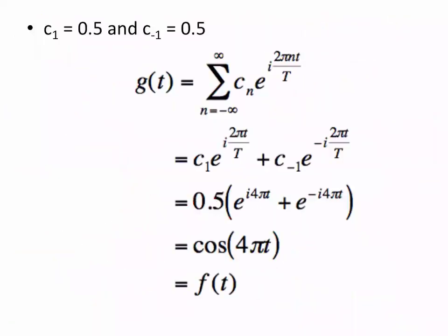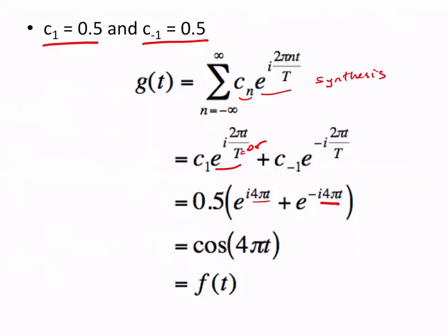Let me write once more. So how do we deal with C1 and C minus 1? We write Cn, the original formulation. This was the synthesis equation, okay? And it's like C1 times e to the power this plus C minus 1 times e to the power this. And when t is 0.5, then it becomes 4 pi.